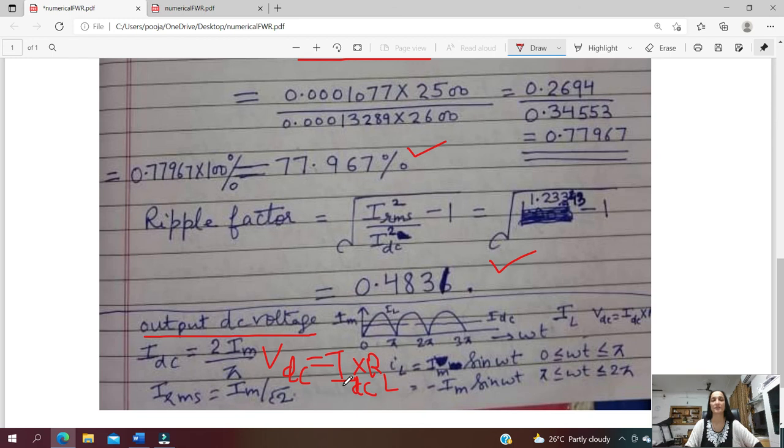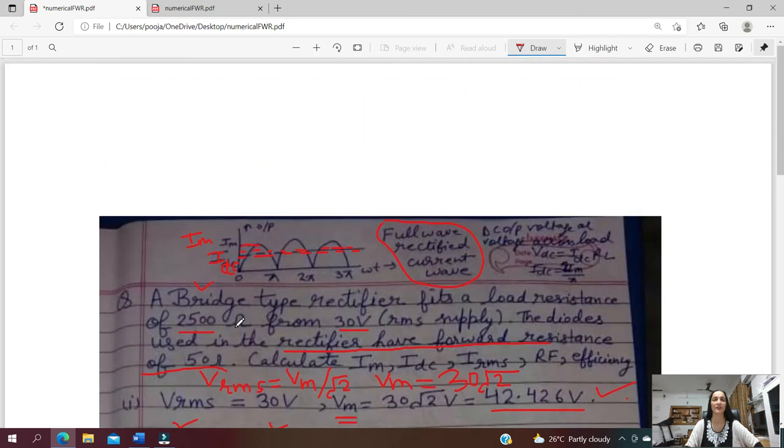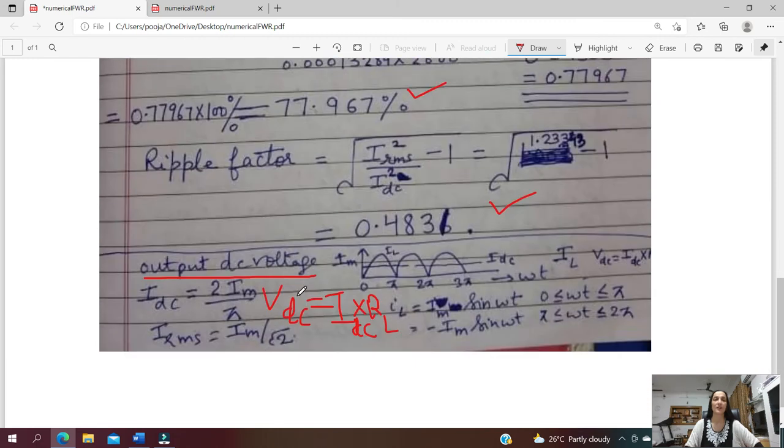IDC we just calculated comes out to be 0.01038 ampere. We will multiply it with RL, which is given to us as 2500 ohm, and we get the DC voltage developed across RL. VDC is IDC into RL. This is for a full wave rectified output current wave.